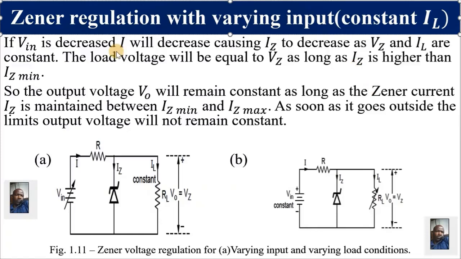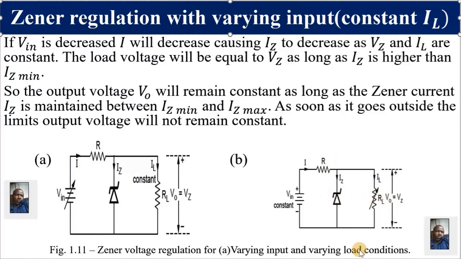So we are saying the output voltage will remain constant as long as our current is greater than this but less than this. As long as it goes outside this range, the Zener will not be able to do the voltage regulation function.